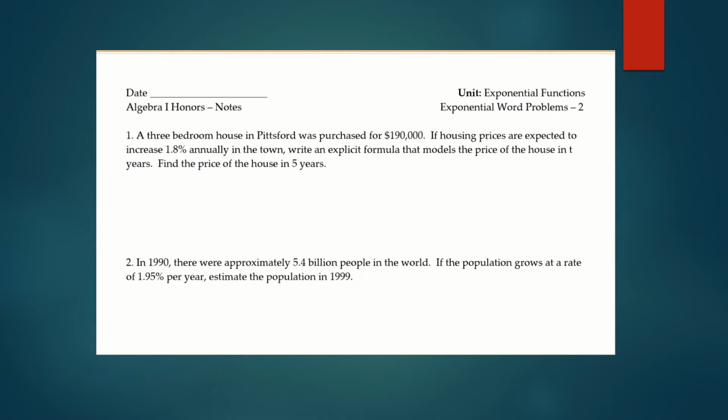So again, we are going to be working with the exponential form y equals a times 1 plus or minus r raised to the power of x. That plus or minus is dependent on whether we have a growth or a decay taking place. A, once again, is our initial value.